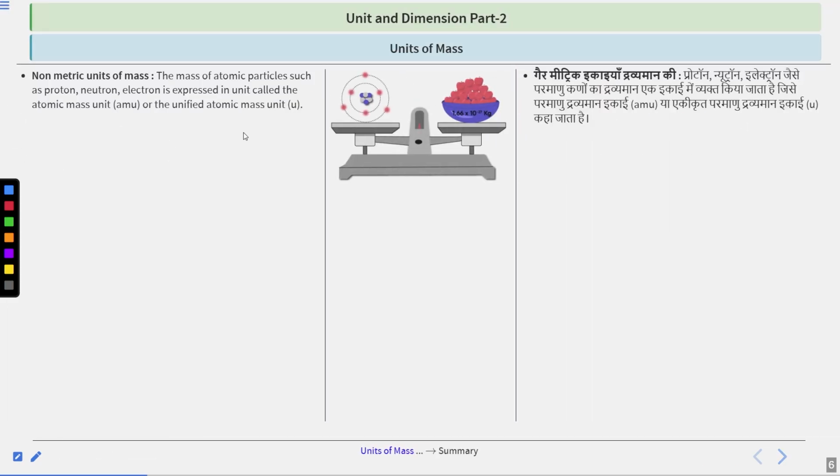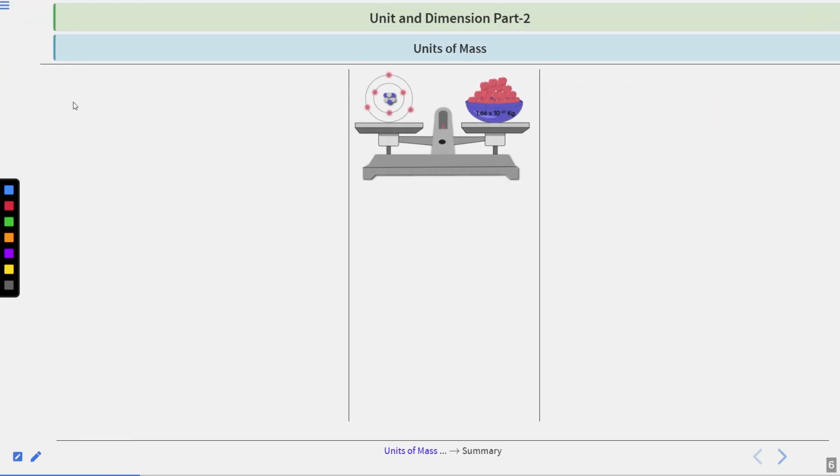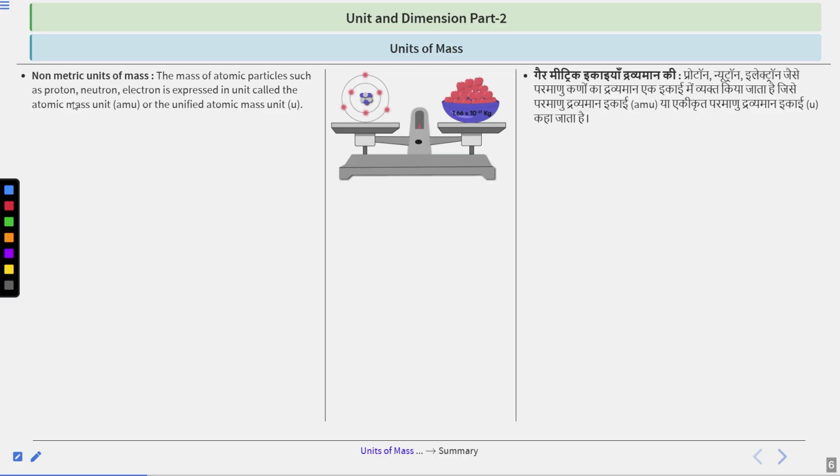Now, further, the non-metric unit of mass. The mass of atomic particles such as proton, neutron, electron are expressed in a unit called the atomic mass unit, or AMU, or the unified atomic mass unit.